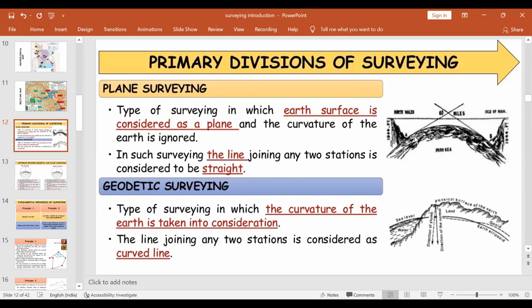In plane surveying, whatever the surface of the Earth is, it must be considered as plane, and the curvature of the Earth is ignored, not taken into consideration.